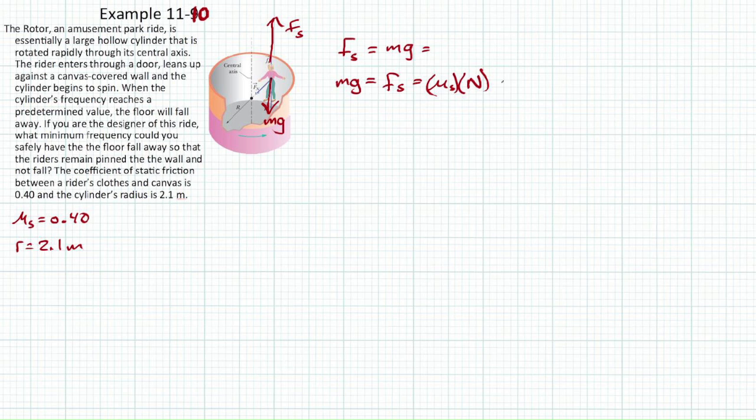But in this case, the normal force appears to push you against the wall, but really it is the wall itself pushing you, accelerating you towards the center. It is our centripetal force. We might say the centripetal force equals the normal force.